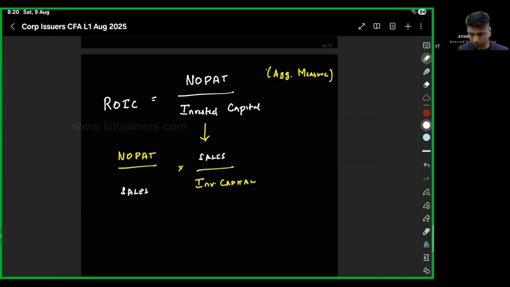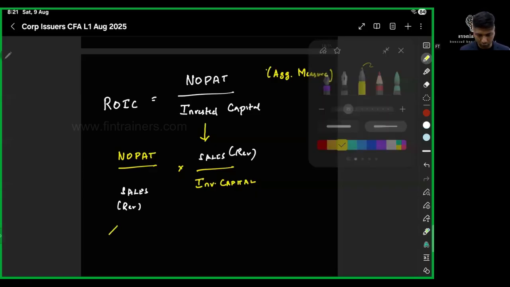Anything you divide by sales or revenue is going to become a margin, right? So gross profit divided by revenue is your GP margin. EBIT divided by revenue is your operating profit margin or EBIT margin. Margin is a percentage of revenue. So this is your NOPAT margin.